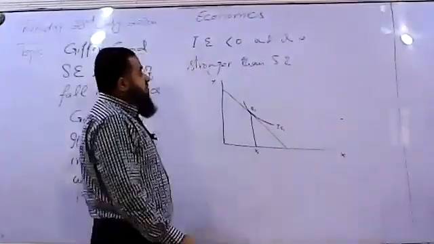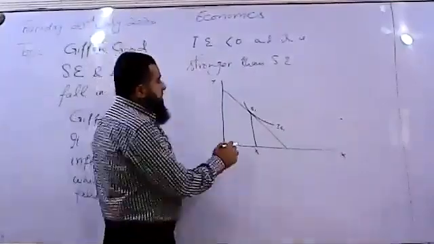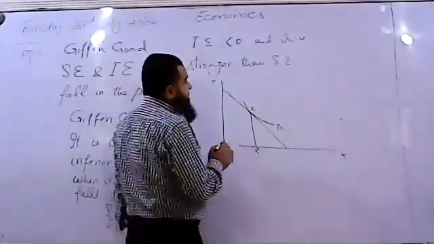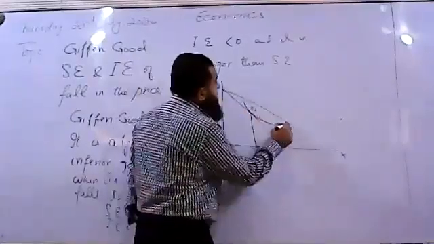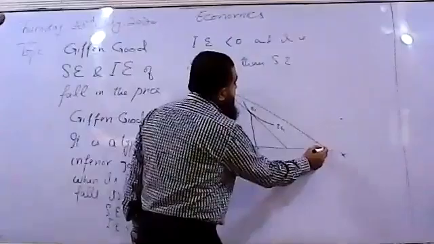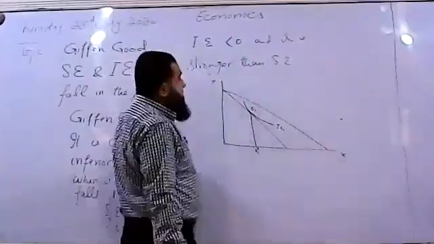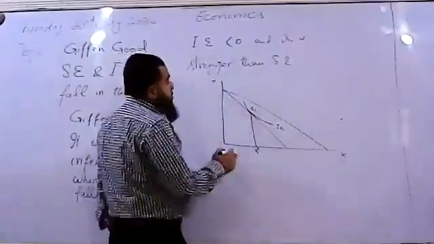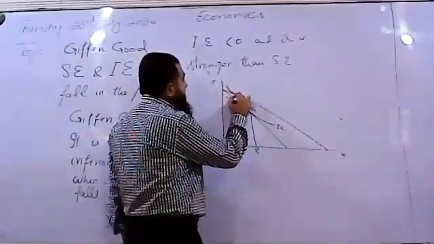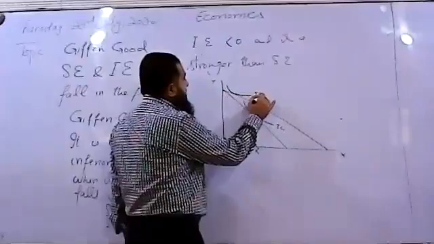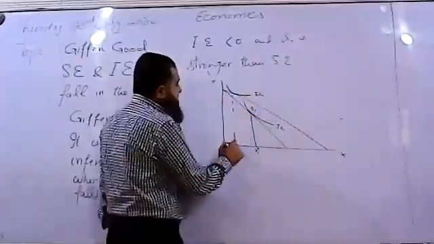Consumer is consuming X1 commodity. This is the optimum consumption when price does not change for any of the commodity. When price of X decreases, this budget line will rotate outward. Now consumer is going here at a new indifference curve. This is the final consumption.